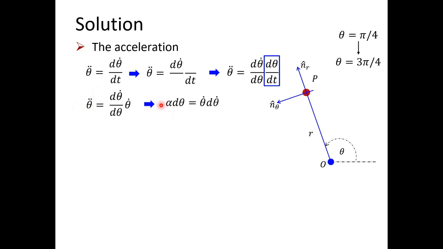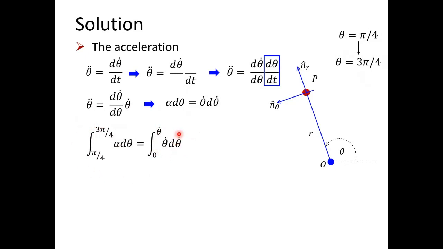Now we can integrate this relationship. Theta goes from pi by 4 to 3 pi by 4, and theta dot at theta equals pi by 4 is 0. What we are looking for is theta dot when theta equals 3 pi by 4. So I can integrate within those limits: theta goes from pi by 4 to 3 pi by 4, and theta dot goes from 0 to theta dot.